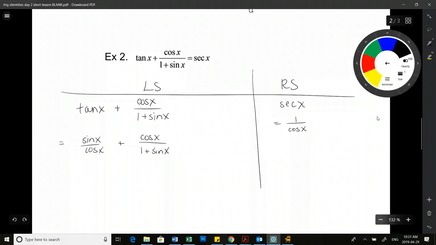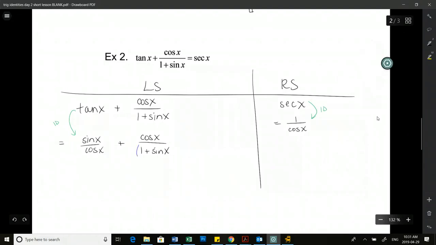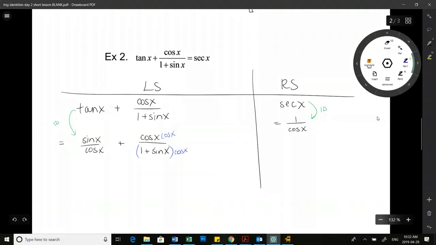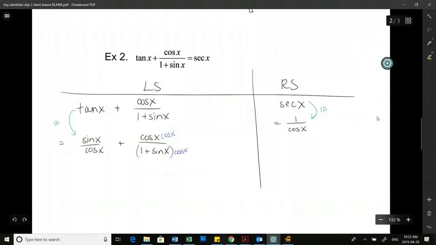What do I do with fractions when they're being added or subtracted? Common denominator. Okay, so each side needs what the other side has. So this side needs a cos x on top and bottom. And the left side here needs a 1 plus sin x on top and bottom.